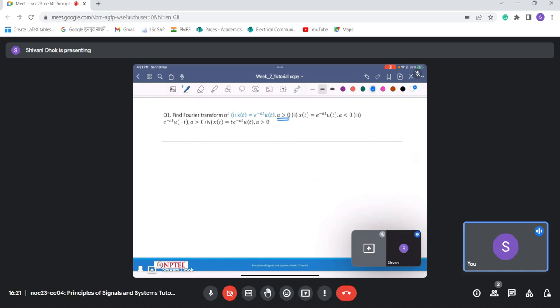So let us try to find it out. We have the Fourier transform X of omega equal to integral from minus infinity to infinity of x(t) e power minus j omega t dt. Since we have this unit step function, this will be non-zero only when t is greater than or equal to 0.